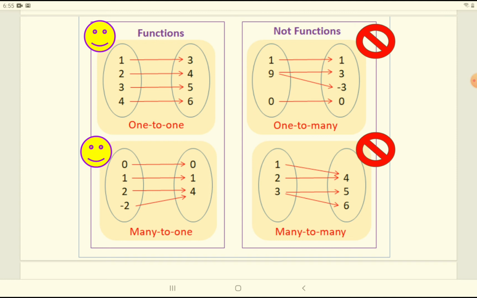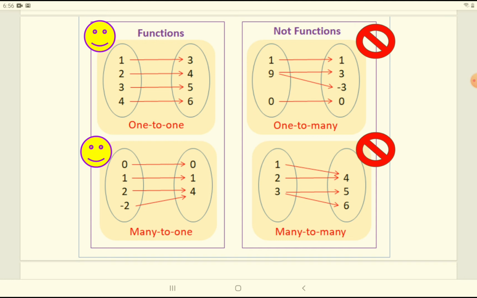And then there's many-to-1. This is also considered a function. Okay? So this is where 0 goes to 0, 1 goes to 1, 2 goes to 4, but then -2 also goes to 4.